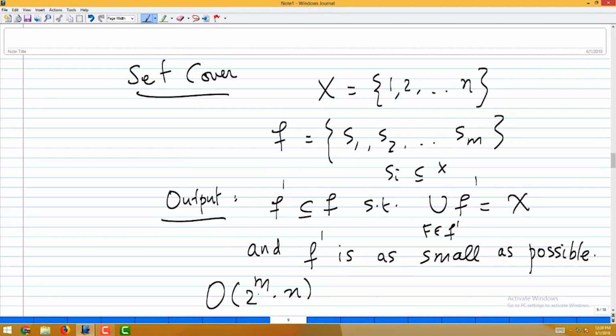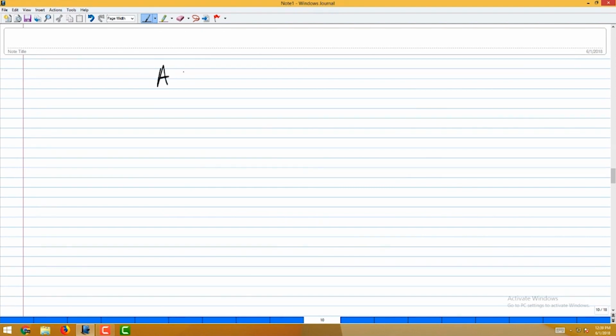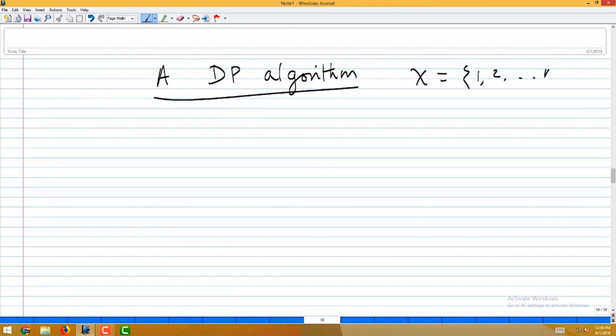So, how do we set up dynamic programming? We want to check what are the sub problems to compute, and we will look at the optimum solution that will tell us what are the sub problems to compute, right. So, I have my universe and my family contains S1, S2, up to Sm.